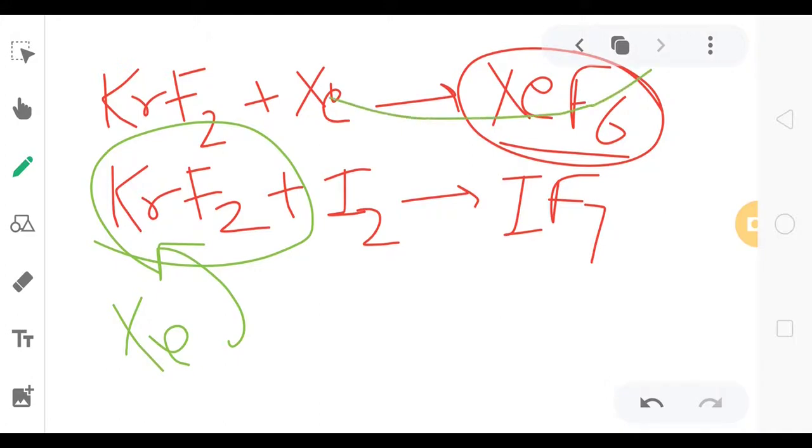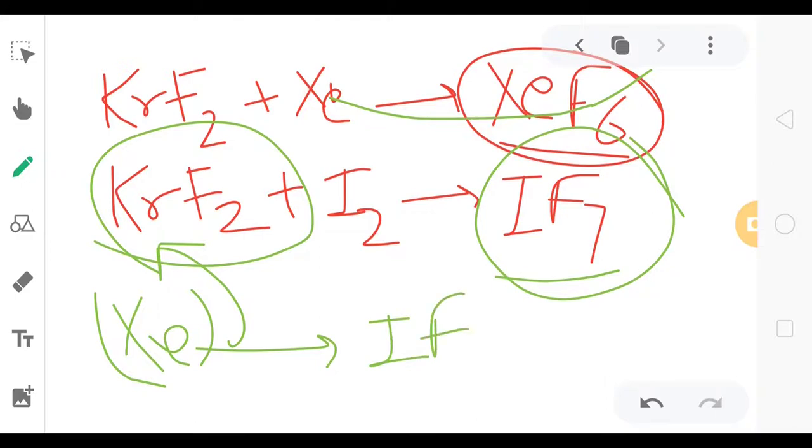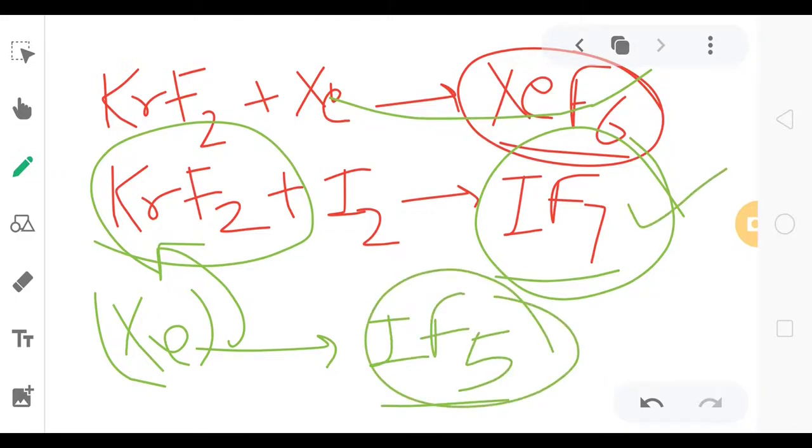Now we are getting IF7. In the case of xenon, we were getting IF5. So here you can see more fluorine in the product in the case of krypton. That also proves that KrF2 is a better fluorinating agent than XeF2, because it is giving IF7 instead of IF5. Okay, so I hope this is now clear to you.